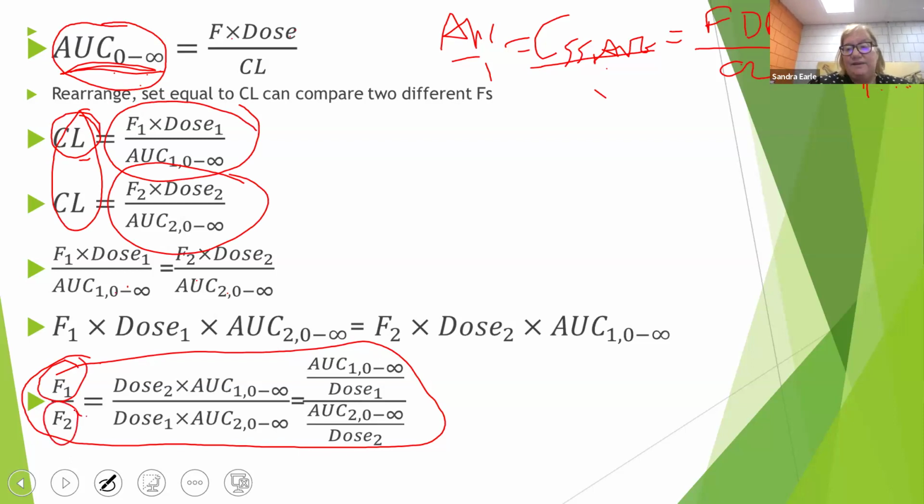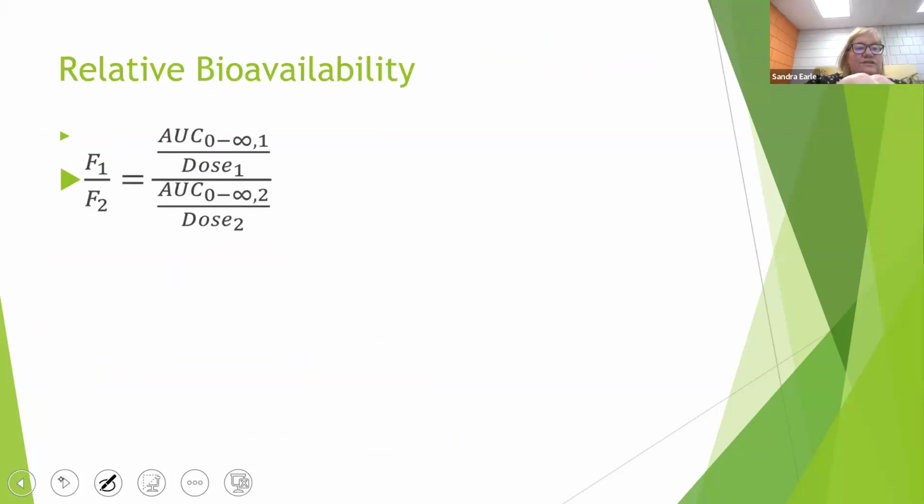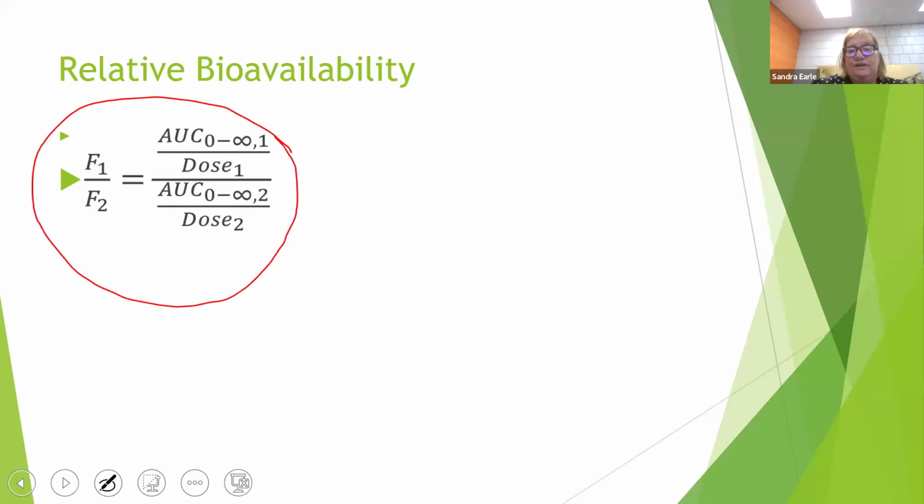So this doesn't have to be an IV. This can be comparing two different generic formulations. This can be comparing a syrup to a tablet, etc. So this is our relative bioavailability equation. Okay, so we would put the area under the curve of our first formulation. Is this right? I have to go back.